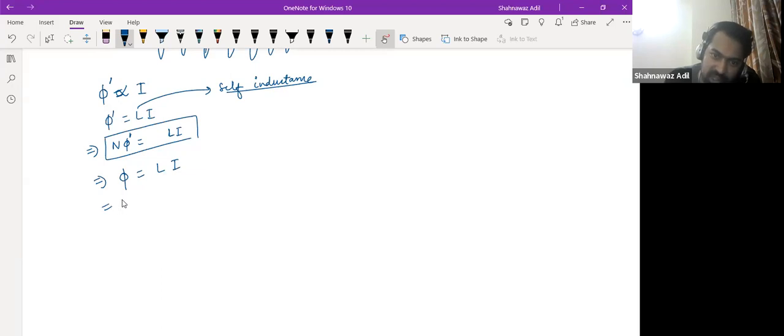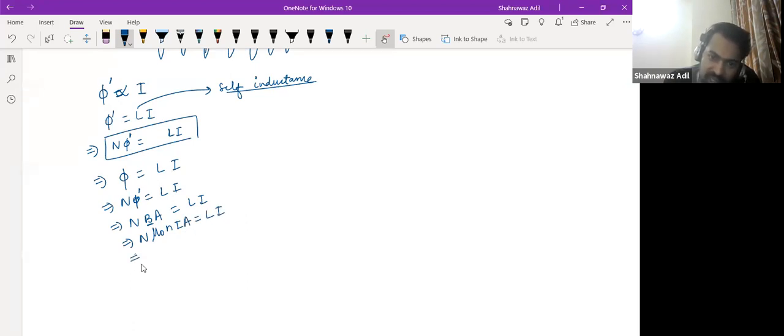So this n phi prime is L I, and we know that this phi prime is BA, right? And this is equal to Li. So we write this B, that would be mu naught N I A, and this is Li.